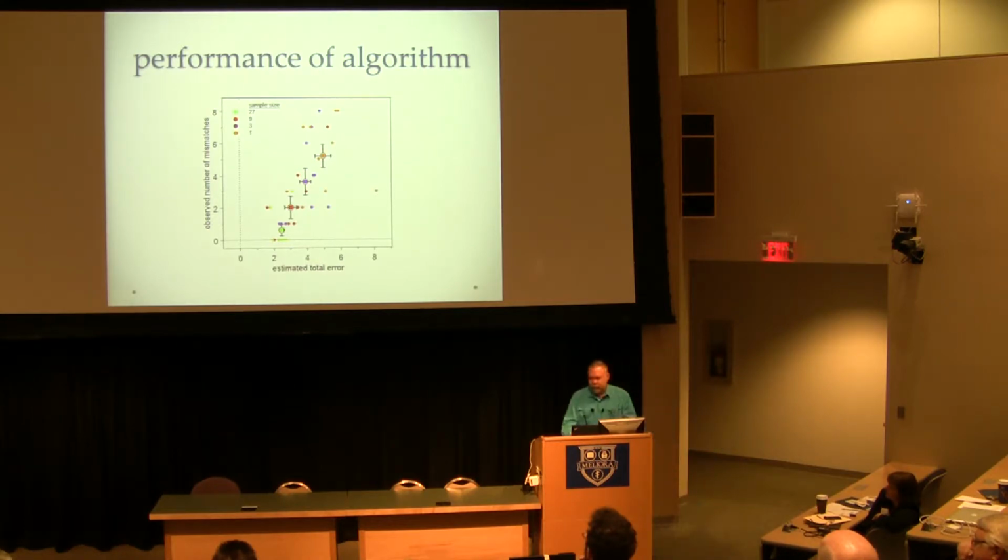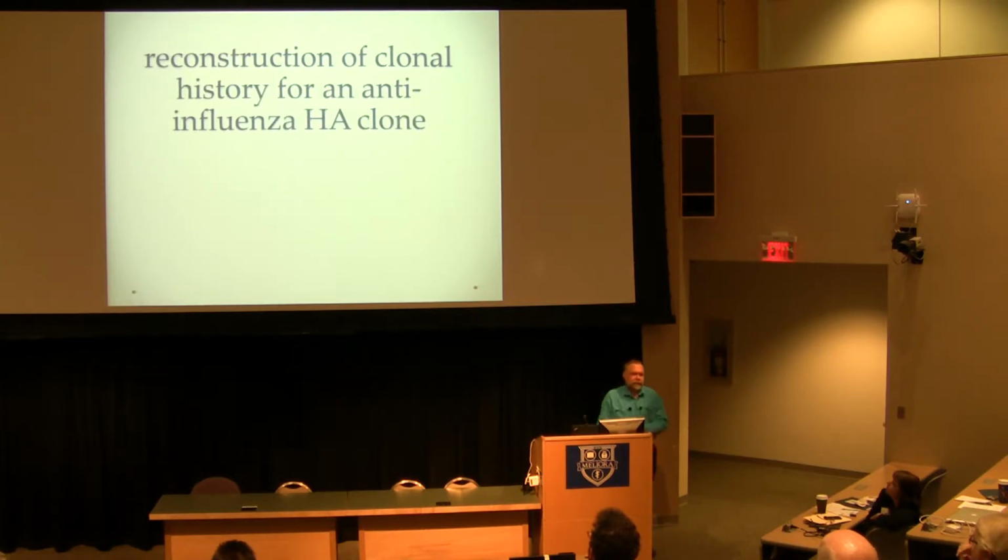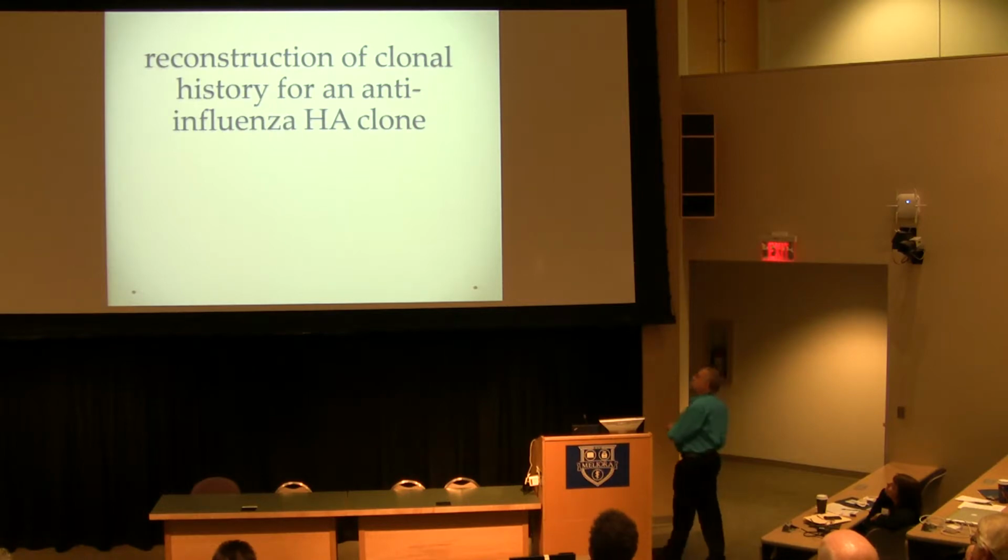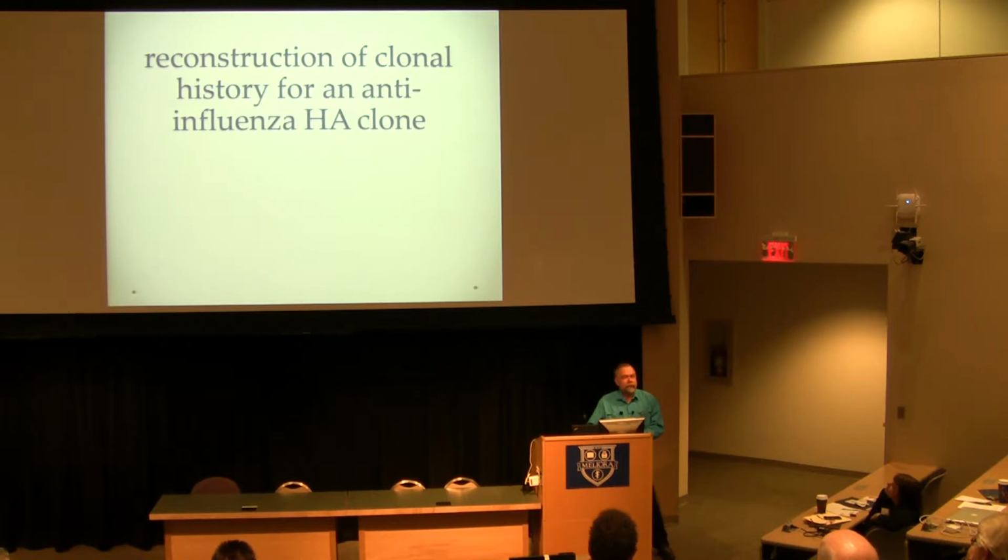So we feel comfortable that not only are we inferring the ancestor well, but we also have a very good estimate of the uncertainty. So let's put this to use. Let's actually use this to reconstruct the clonal history of an anti-influenza hemagglutinin clone.